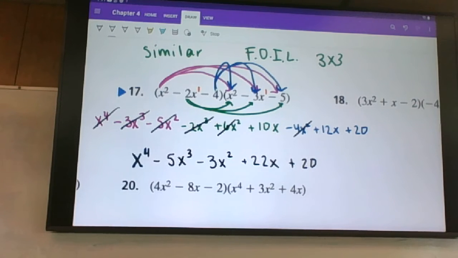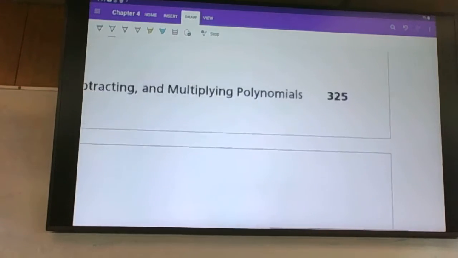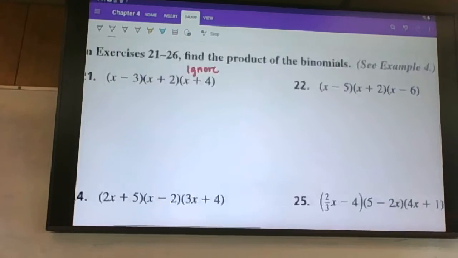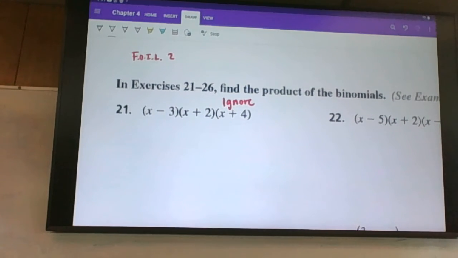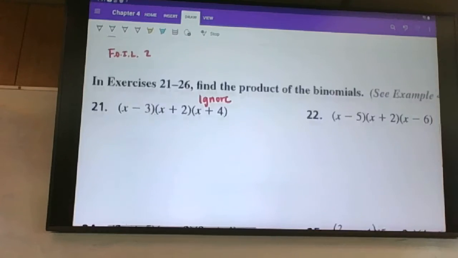Ready to move on to 21. 21 is the most important problem in the assignment. So let's do it. Anybody want to take a picture? Want me to go back?